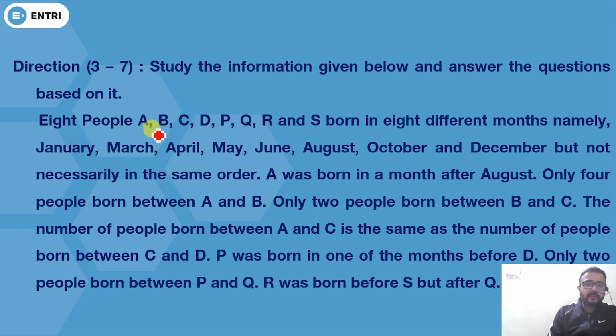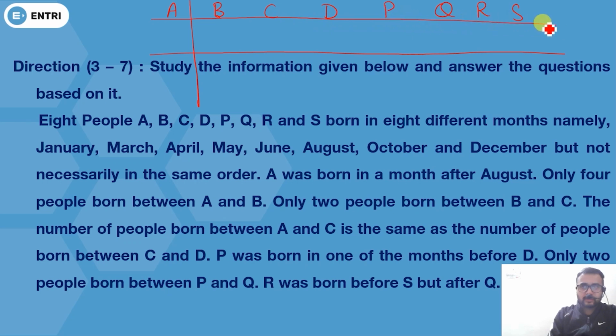You have 8 people: A, B, C, D, P, Q, R and S. I am making a table here.